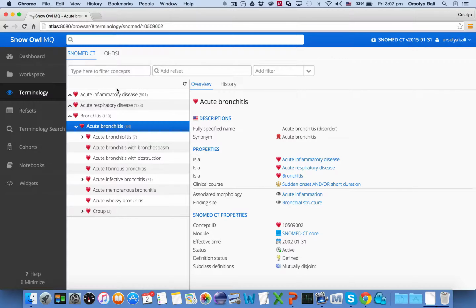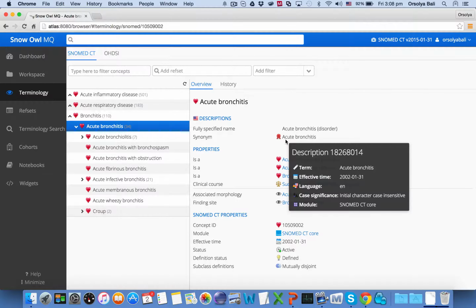And on the right hand side we display details of a selected clinical concept. So we're looking at acute bronchitis. This is the concept that was recorded on our patient page. And we can already see that there is a lot of information in relation to this concept.